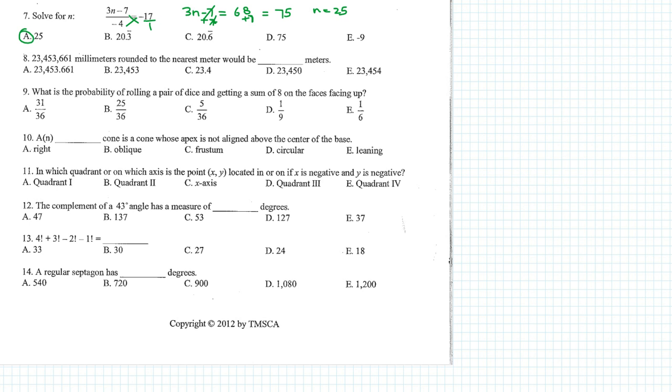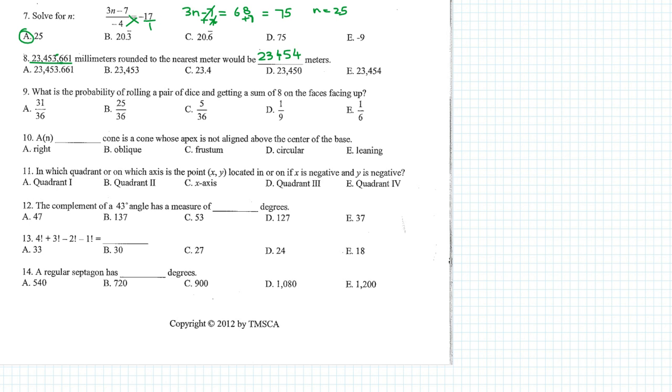So when we divide this number by 1000, we get 23453.661. But when we round it to the nearest meter, we can write the answer as 23454. And the reason for this is the number immediately after the decimal is more than 5.